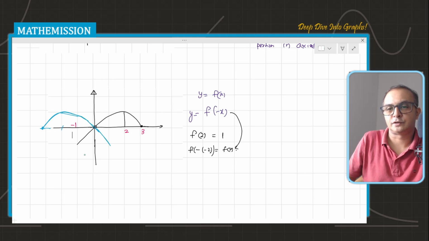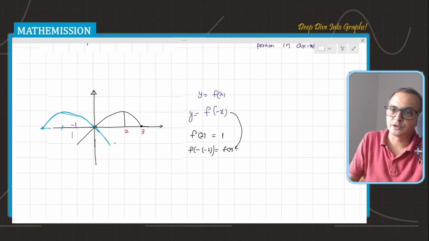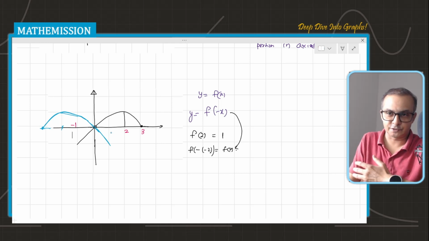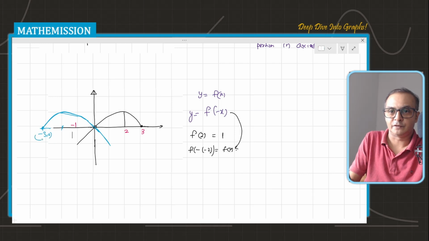You can check it also, because now at 2, the value is not defined, because if you put 2, it will act as f of minus 2. And at minus 1, it will act as 1. At 1, it will act as minus 1. And at 3, it will act as f of minus 3. But at minus 3, it will act as 3. Therefore, at minus 3, the value is 0.